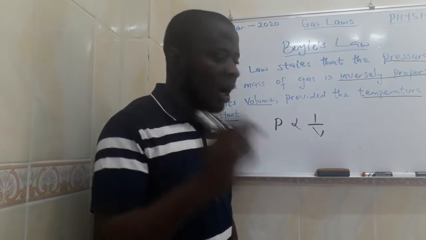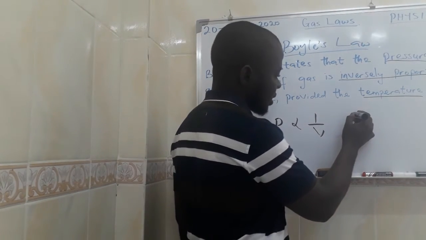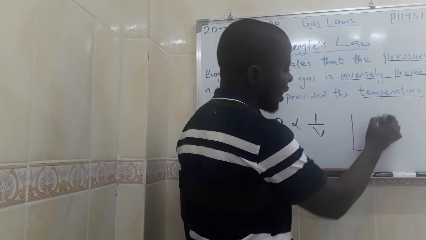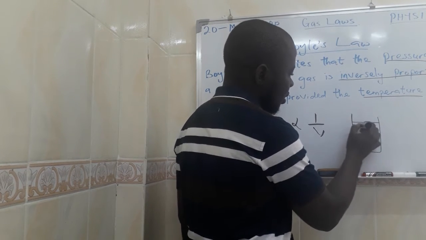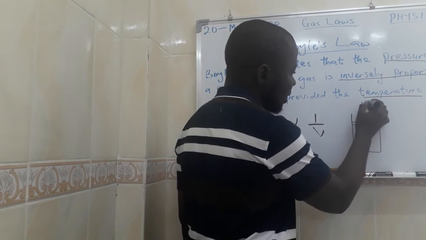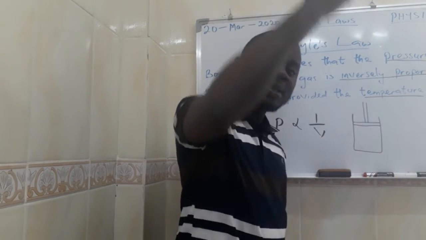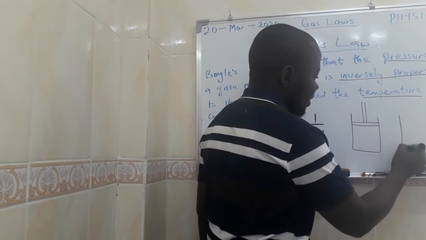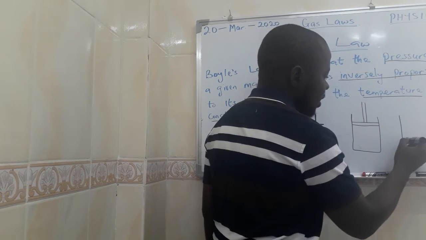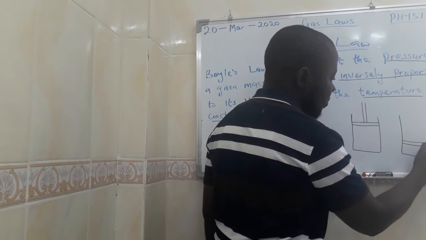Let us try to draw an illustration to explain this. I have this container of a gas, and I have my piston. This one, I can control it. I can take it up or bring it down. Alright, so I have this. Then I try to change my pressure to this.